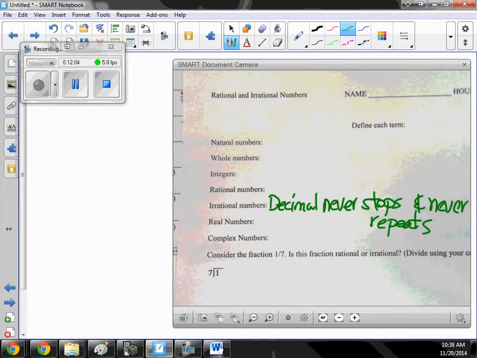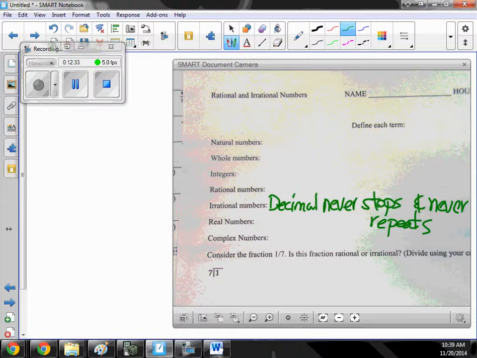The trouble is, most of the time, you cannot tell it's irrational by looking at the decimal. You can look at the decimal and see if it's rational, but you can't always look at the decimal and see if it's irrational. I'll show you what I mean in a little bit. There are some famous irrational numbers that we'll talk about in a minute.